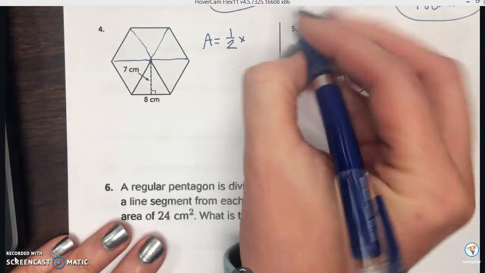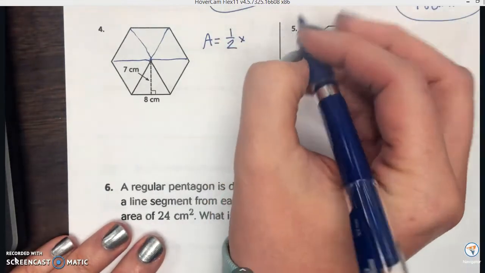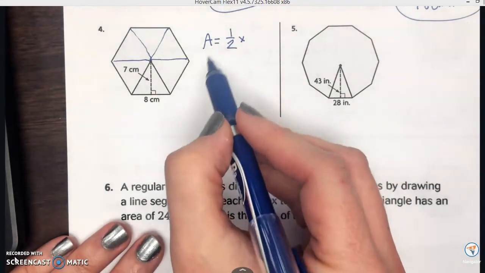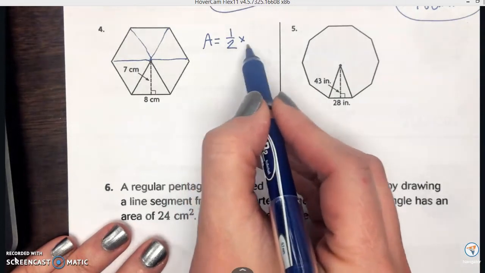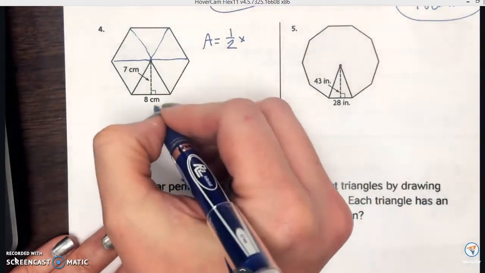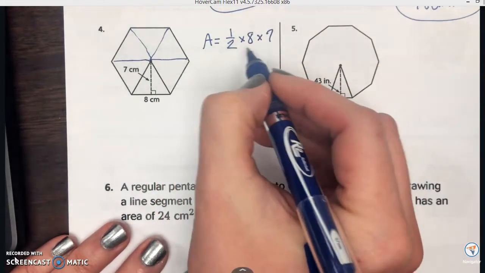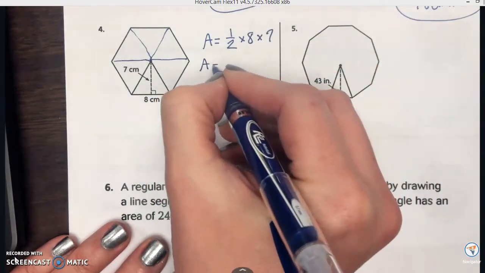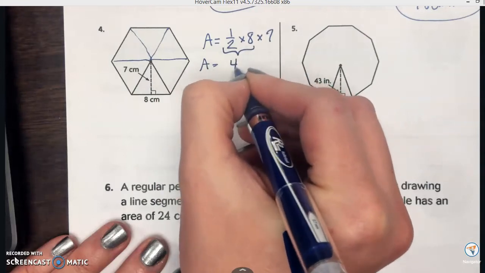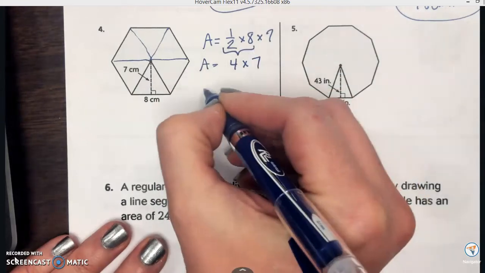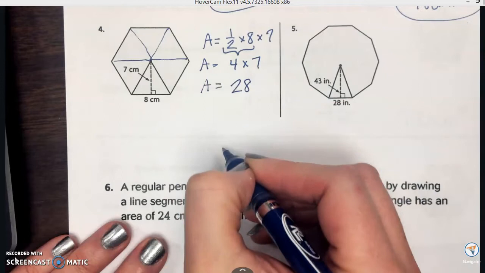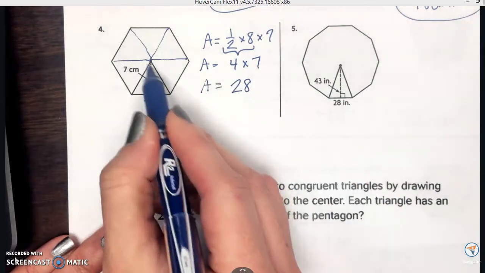So we're saying half of, and I haven't been writing my formula each time, which I should, but remember your formula is always area equals half of base times height. So half of 8 times 7. Half of 8 is 4, and 4 times 7 is 28. So that takes care of that one triangle.